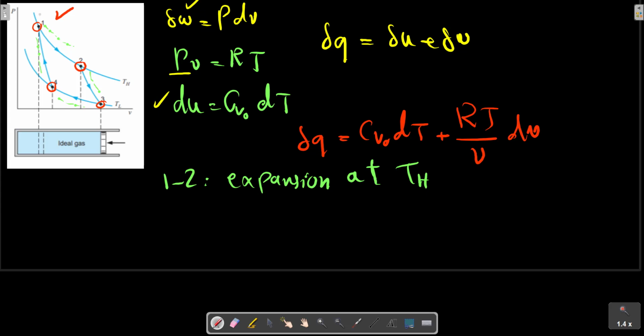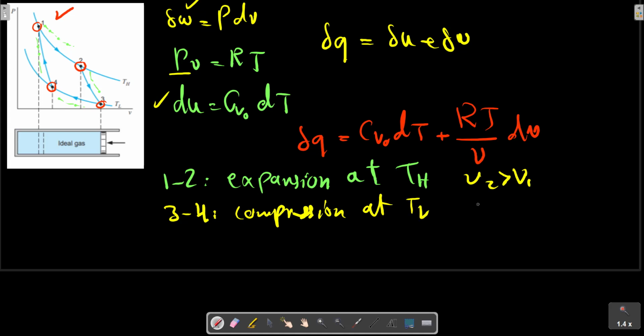Similarly, process 3 to 4 is a compression at T_L, and V3 is greater than V4.